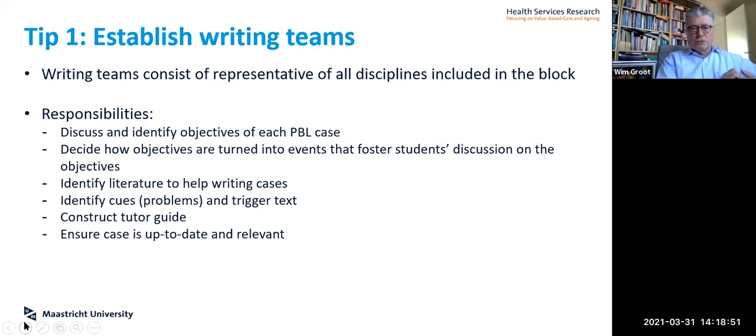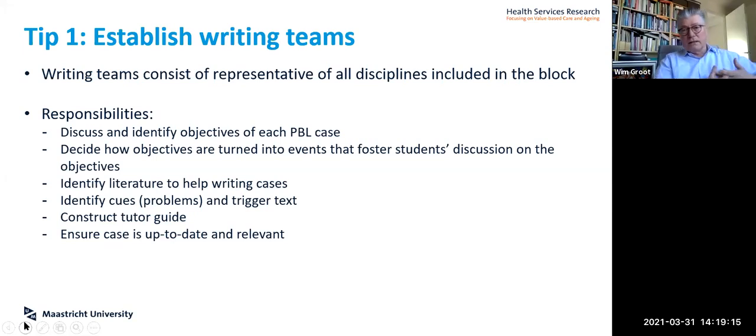So the planning group, usually for a PBL course, you develop or establish a planning group. The planning group usually also is responsible for the cases that are part of the unit or the block. So they're also responsible for writing the cases.